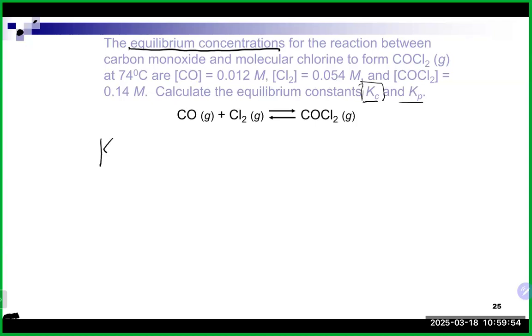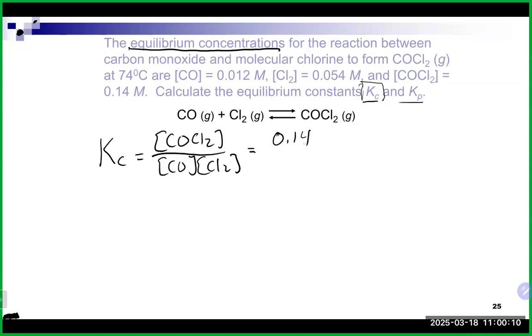We'll start with our expression, which is the Kc would be our products in this case, COCl2 divided by CO and Cl2. Everybody's included because they're all gases. At this point, we could just put in our numbers. So we got 0.14, 0.012 and 0.054.